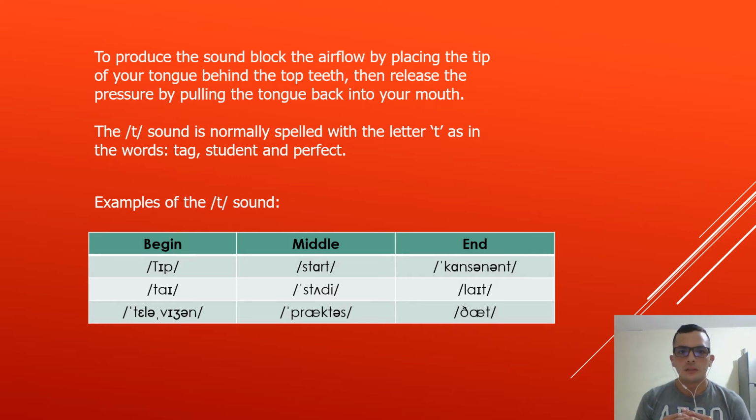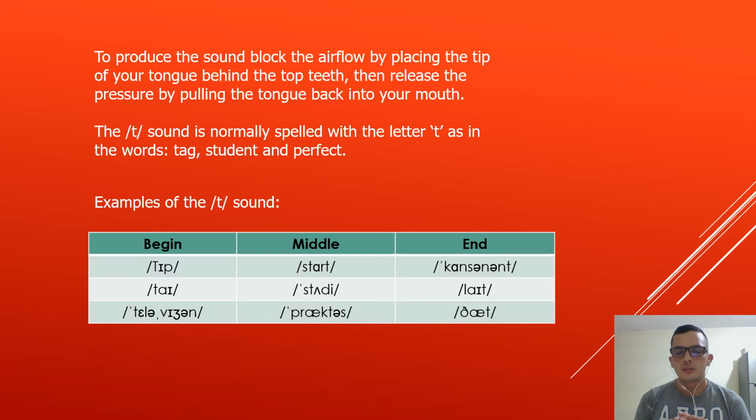The t sound is normally spelled with the letter T, as in the words tag, student, and perfect. Example of the t sound. Here are some words that begin with the t sound: tip, tie, and television.